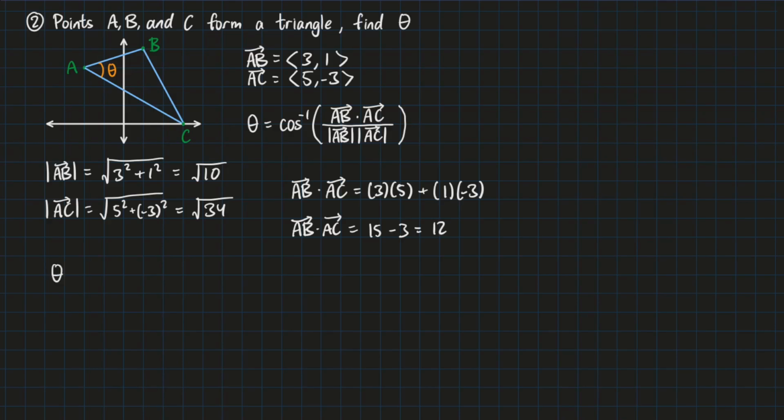We'll get theta equals inverse cosine of 12 over radical 10 times radical 34. So theta equals 49.4 degrees or 0.86 radians.